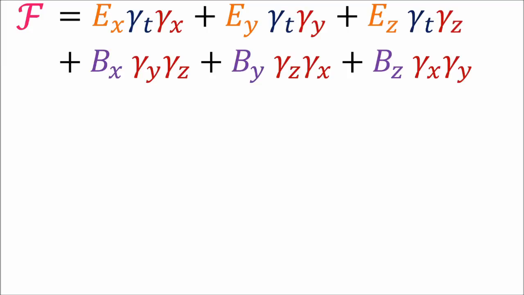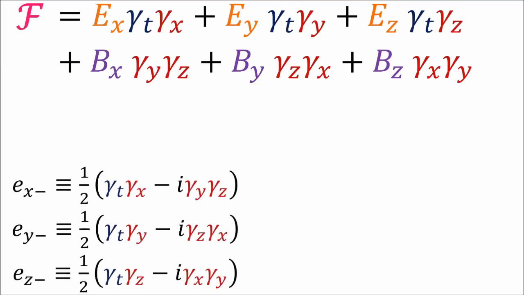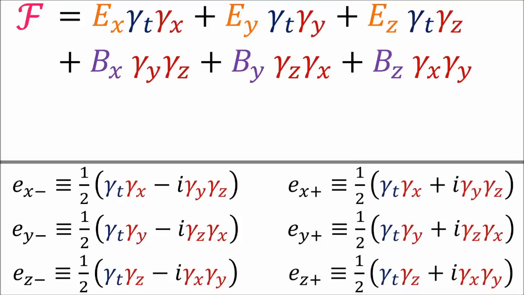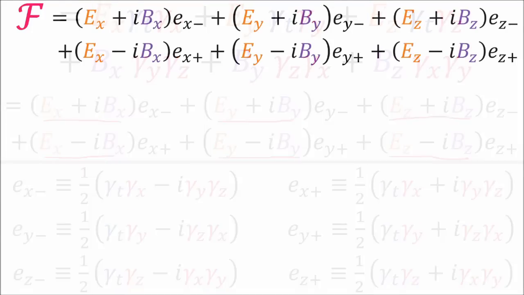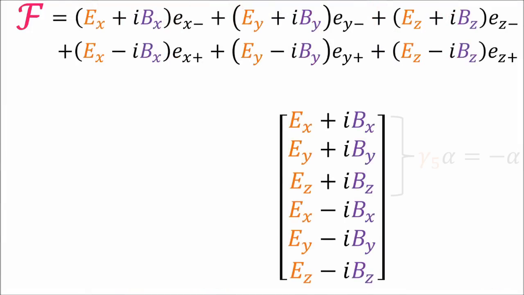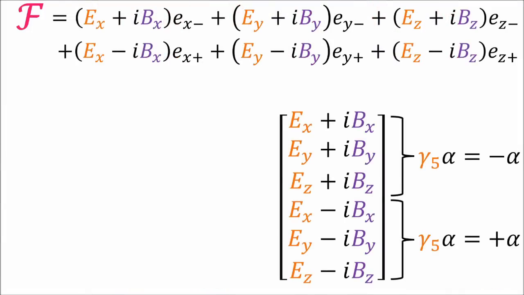So we can take our electromagnetic Faraday tensor and perform this change of basis to the eigenbivector basis. The components of F in the new bivector basis become complex linear combinations of the E and B fields. As we showed, each of these two eigenspaces transforms independently under Lorentz transformations.